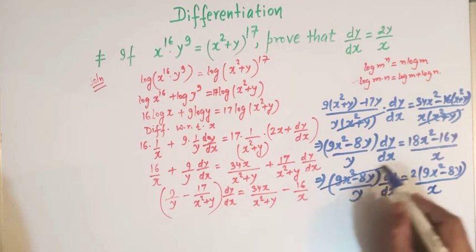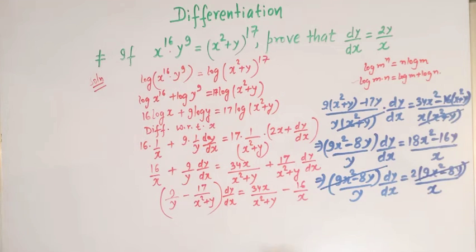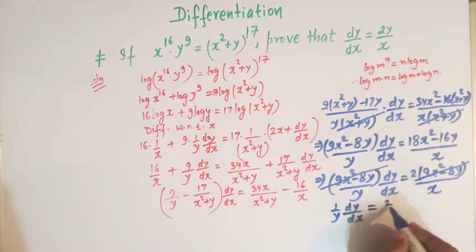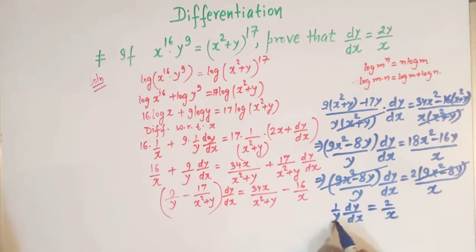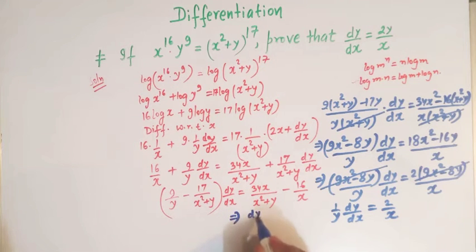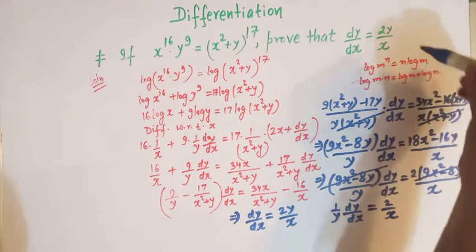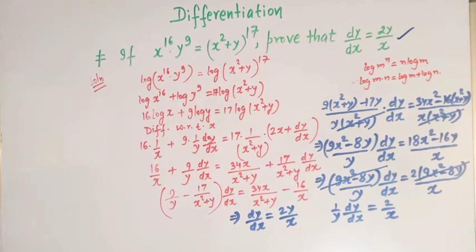Now viewers, this term and this term get cancelled, so we have 1 over y dy over dx is equal to 2 by x, and taking this y to this side, we have dy over dx is equal to 2y divided by x. So this is the required result.